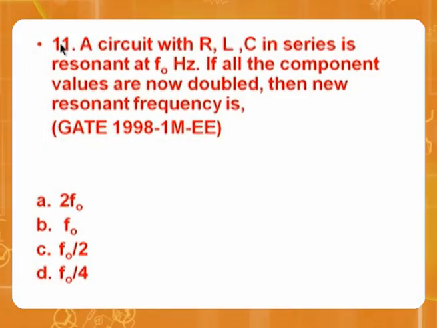Question number 11. A circuit with RLC in series is resonant at F0. If all the component values are now doubled, then the new resonant frequency will be this. See, the same question was asked with all the components doubled previously, but that was for the quality factor.